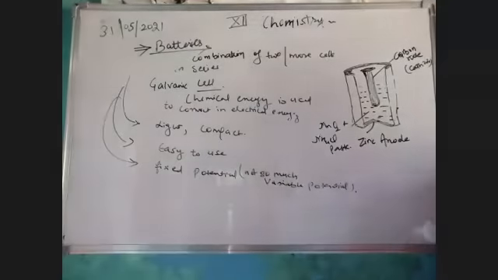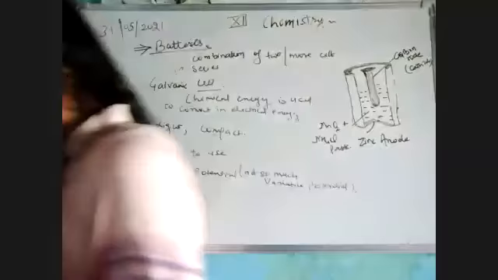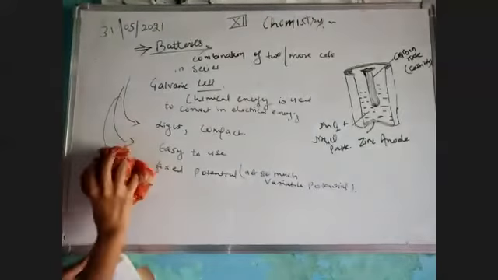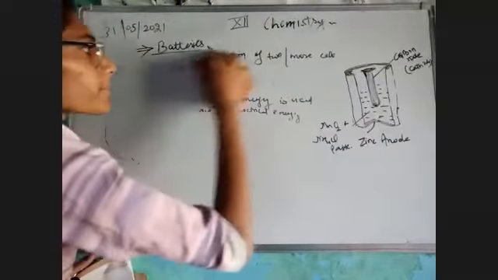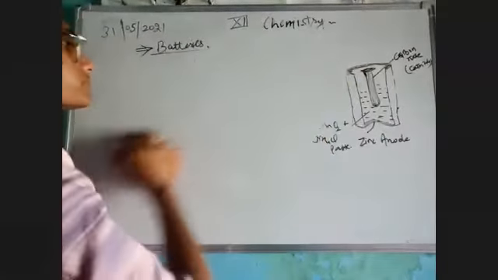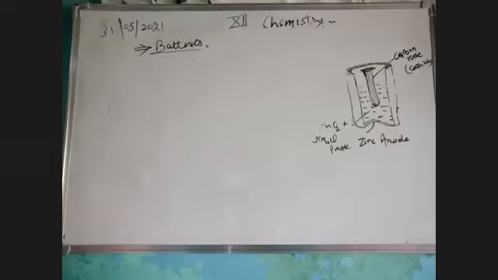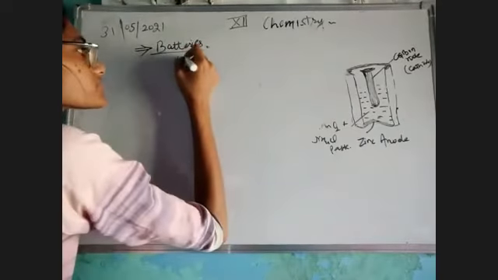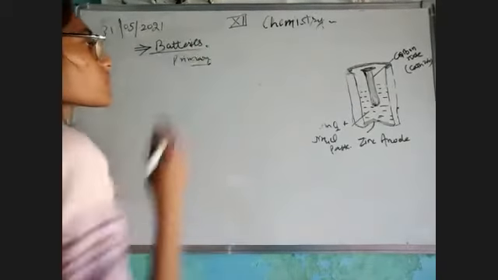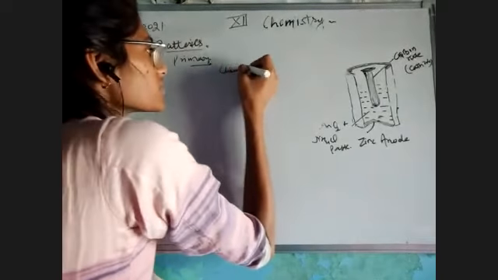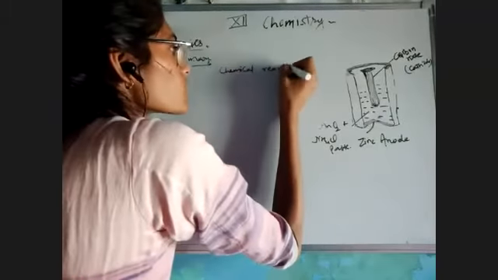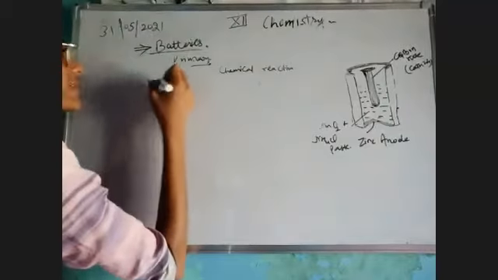Moreover, if I'm talking about the primary battery, this is all I have told you. Now let's start. First of all, in our primary battery, the point is that the chemical reaction is started only once.